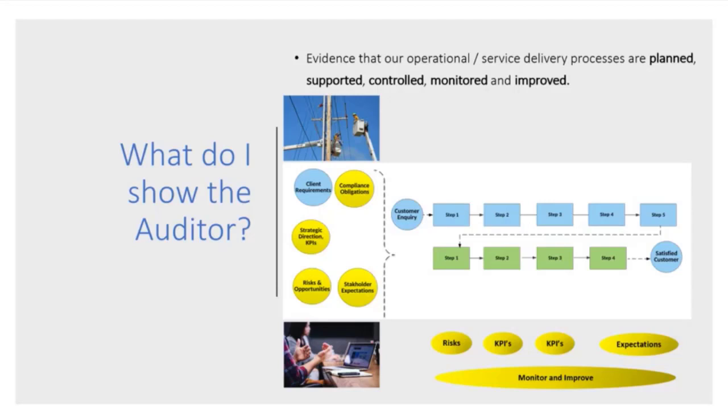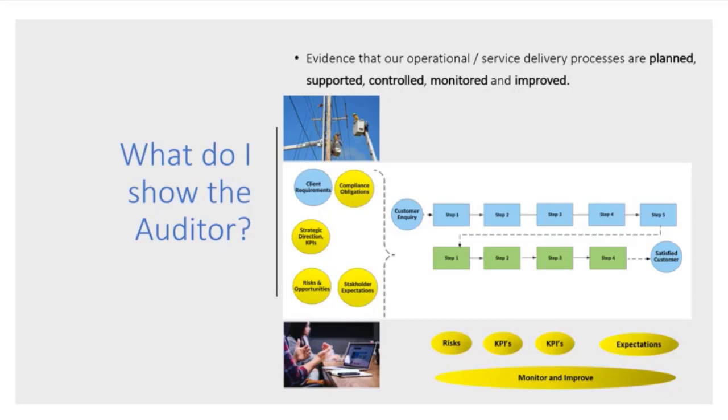Likewise, as you show the monitoring activities that you undertake, and that should be across the whole process, all the steps in your organization, it is also important to point out areas where opportunities for improvement have occurred or could occur.